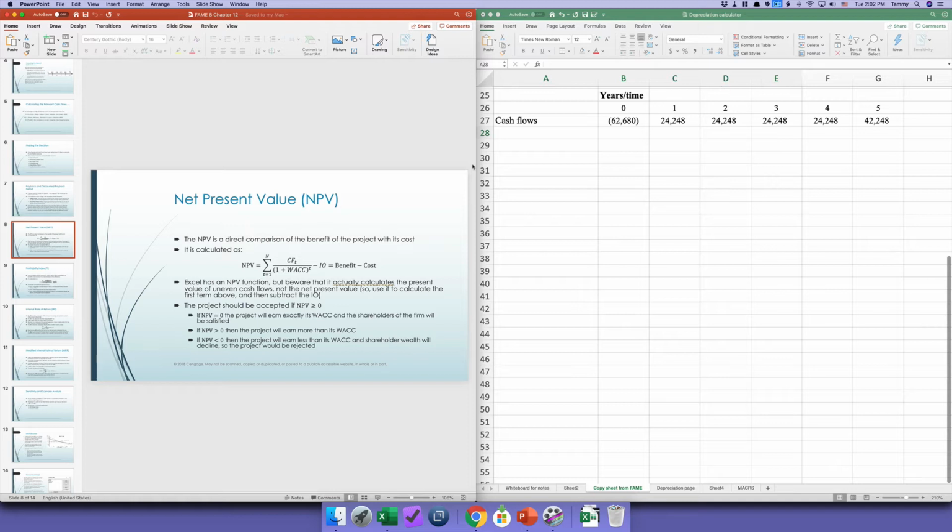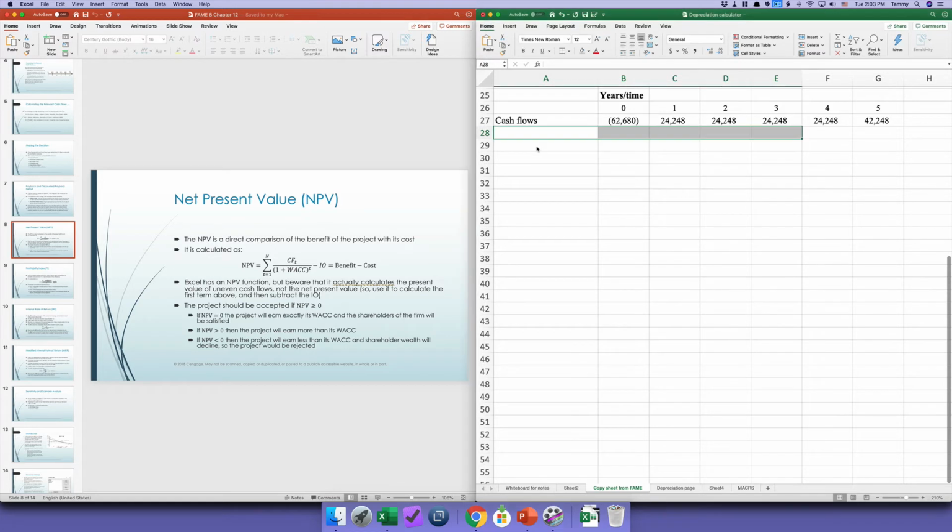standard of figuring out whether an investment makes sense. Certainly, it's something that has been used for many years now. The net present value is basically a benefit cost calculation, and what this statement here is saying is it's the sum from t equals 1, right?